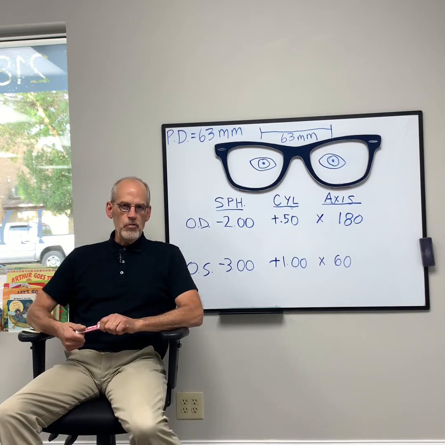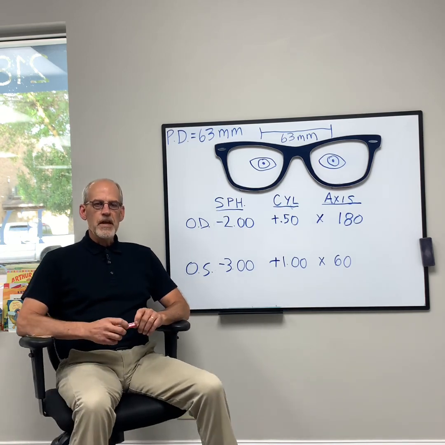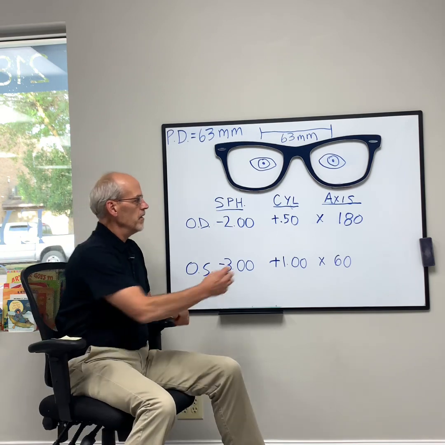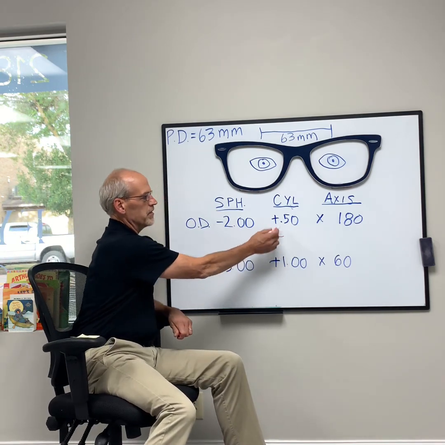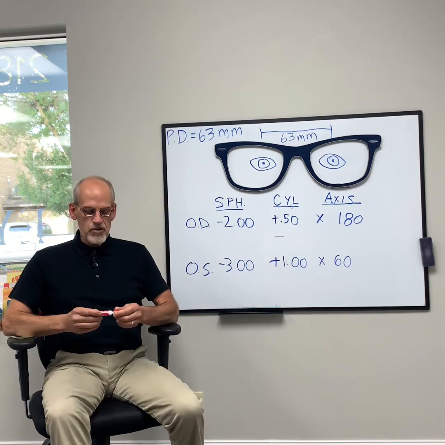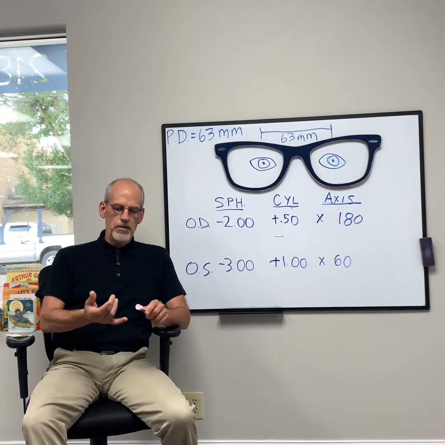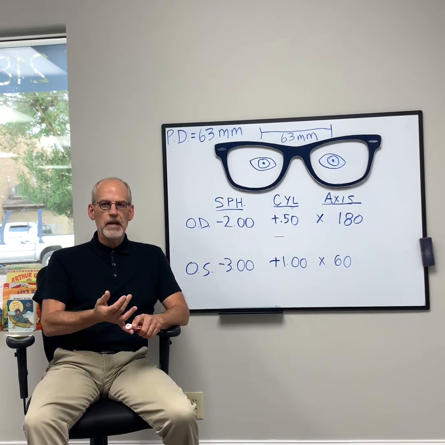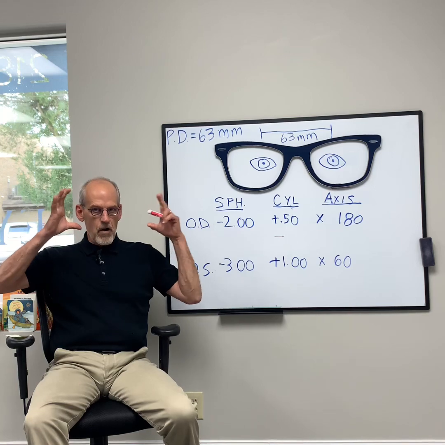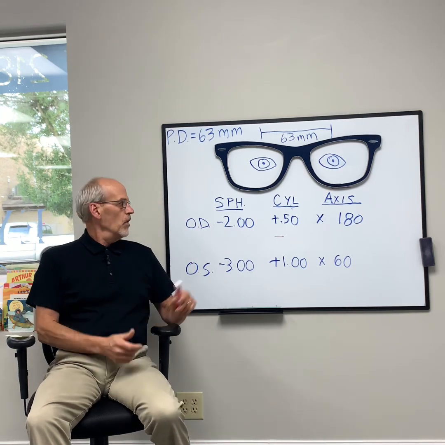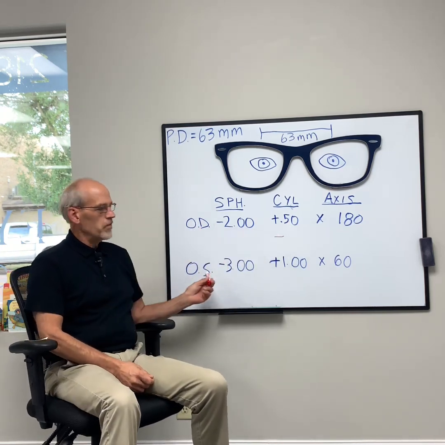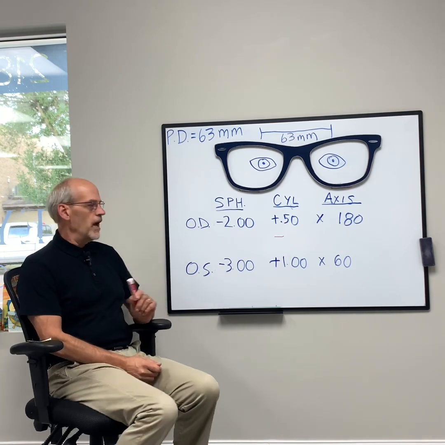If you go to an optometrist, they will write it in minus cylinder form, and that just has to do with their training, their schooling, and the phoropter that they have. So this is a prescription written out, and we're going to talk about that.